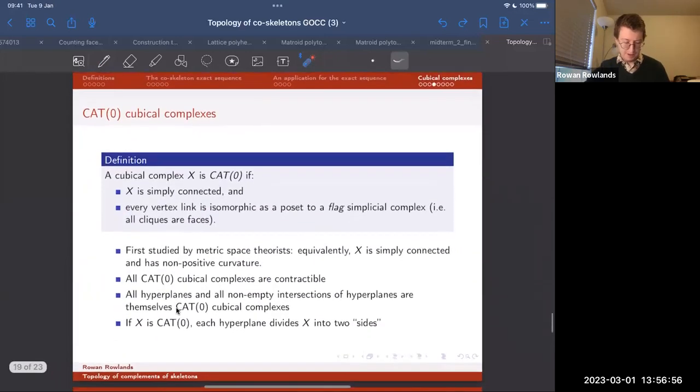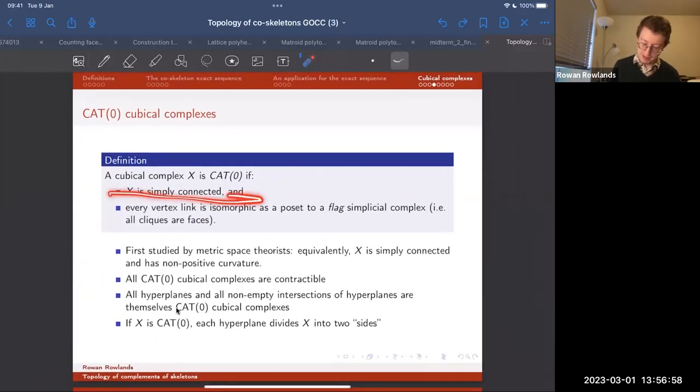If you take this definition of CAT(0) and delete the simply connected bit, for example, then you get a space with non-positive curvature, which people consider as well. But then the hyperplanes are usually not contractible, so you just can't apply the nerve theorem. There might be some generalization of the nerve theorem you could apply. I'm not aware of such a thing.